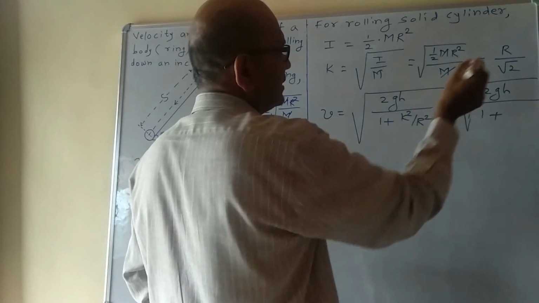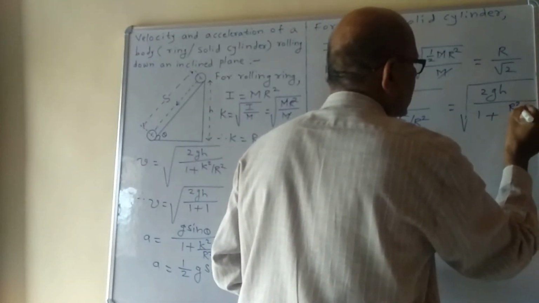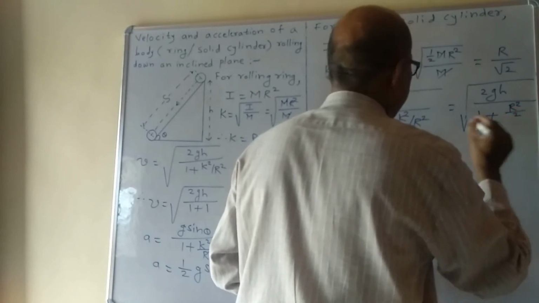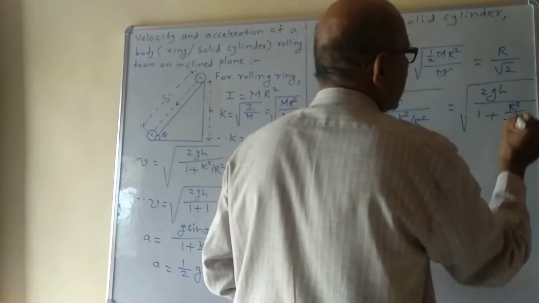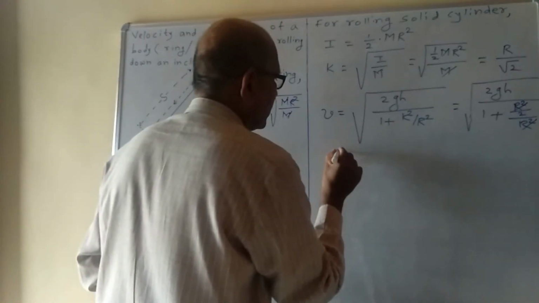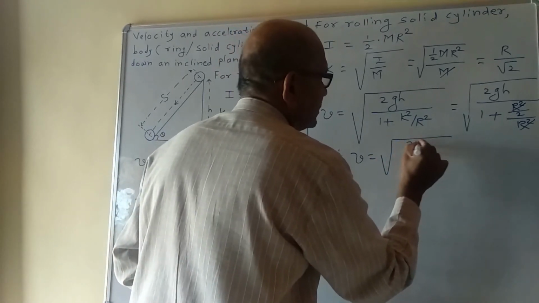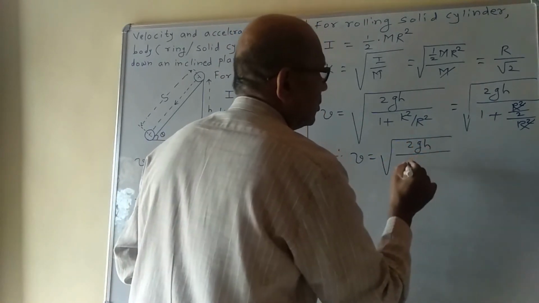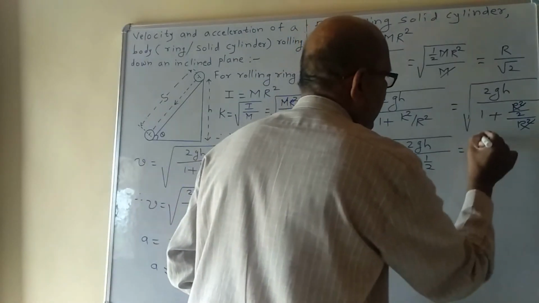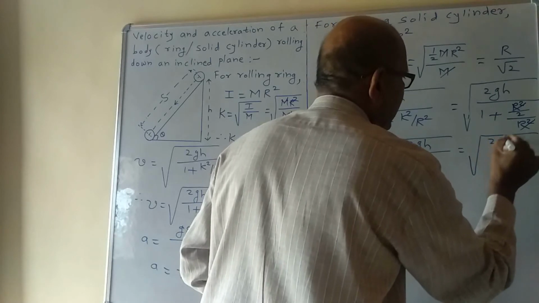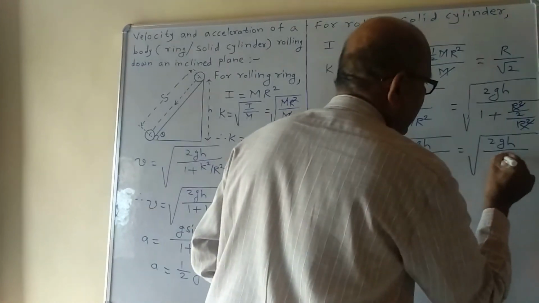Further, k square is equal to r square upon 2. So r square upon 2 divided by r square. R square cancels out, and therefore v equals under root of 2gh upon 1 plus 1/2, equals under root of 2gh upon, now this addition is 3 by 2.